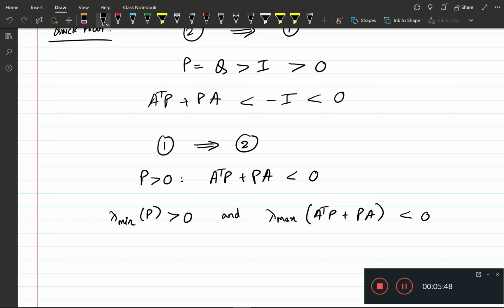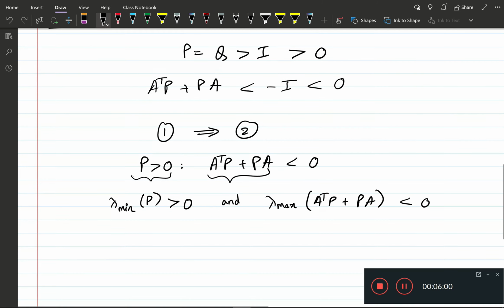So that's because all eigenvalues of this are negative, and the maximum one then also has to be negative, and for this all eigenvalues of P are positive, so the minimum one has to be also positive.